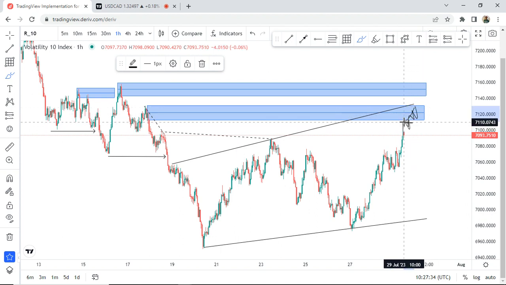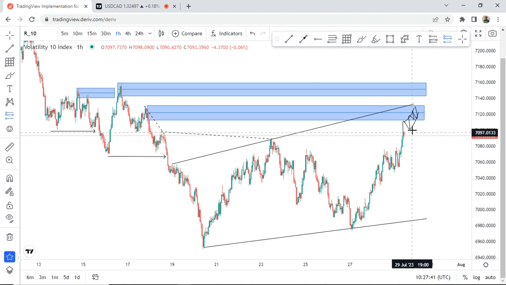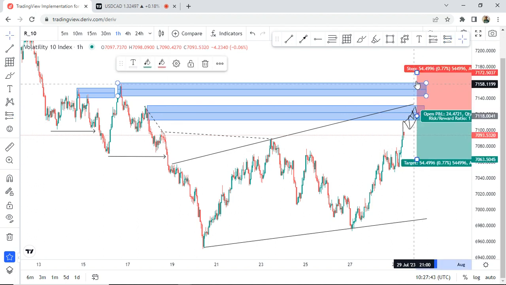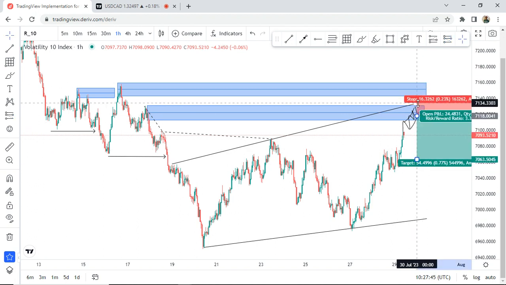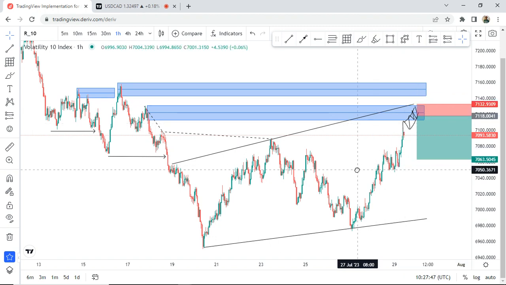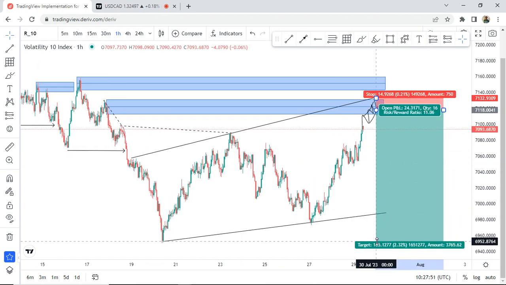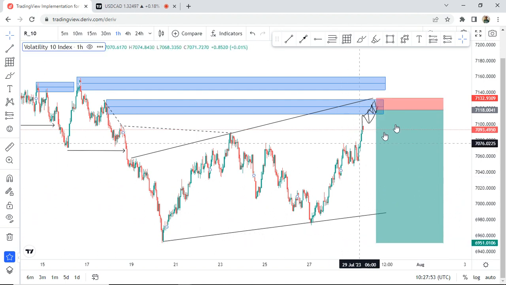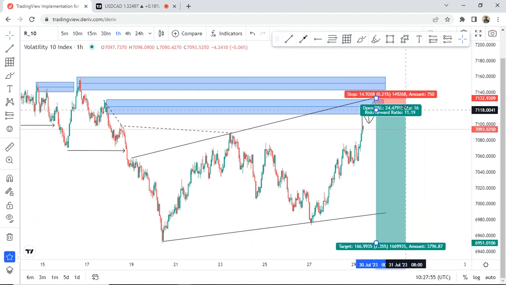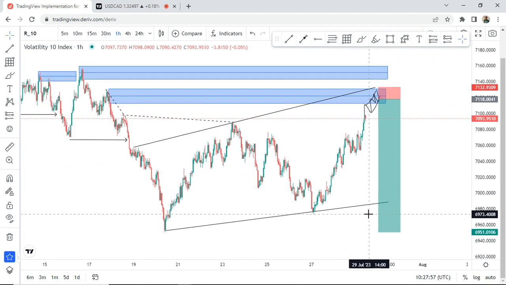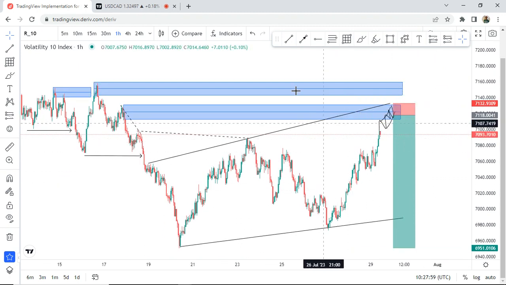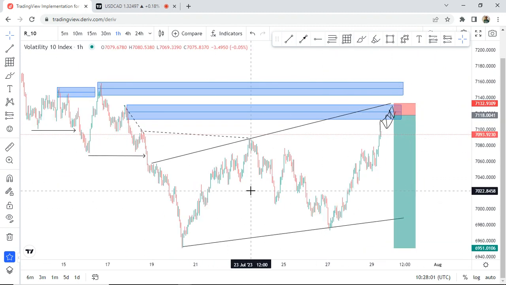So if we could get some form of reversal pattern in this area, we're gonna be taking this one, and we're gonna make sure that we risk very little on this one. The reason we're risking very little is that there's an order block above there. So we should know that when it comes to this type of entries, we will risk very little. Should we get something like this, we'll be entering.